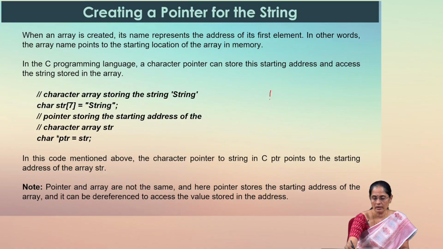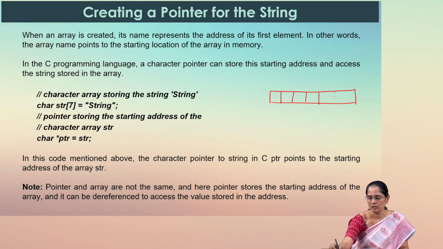When an array is created, its name represents the address of its first element. In other words, the array name points to the starting location of the array in memory. Say, for instance, we have a character array of 7 locations to represent the string named string: S T R I N G followed by the null character.